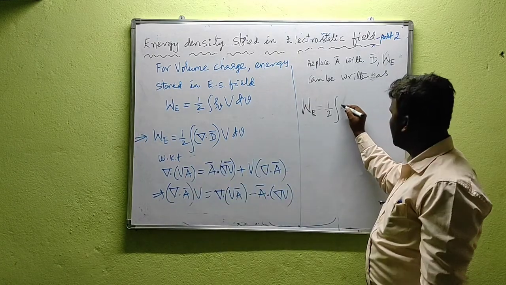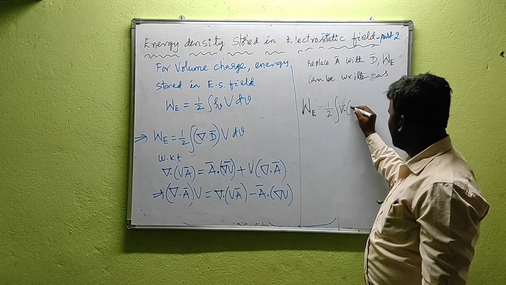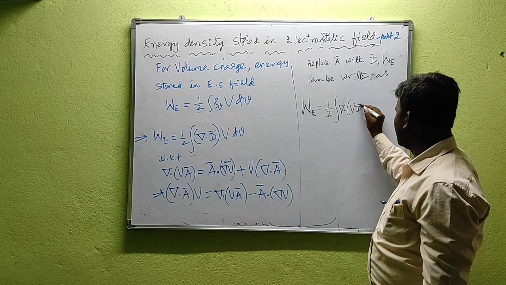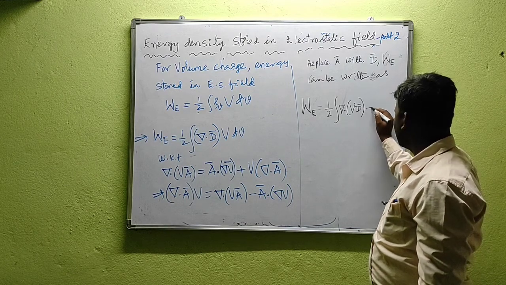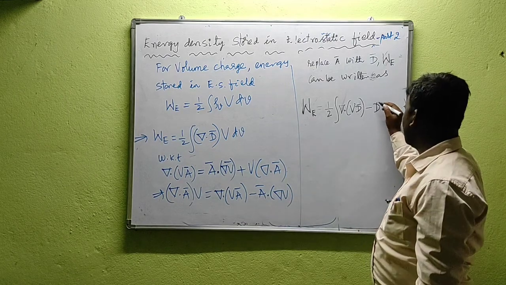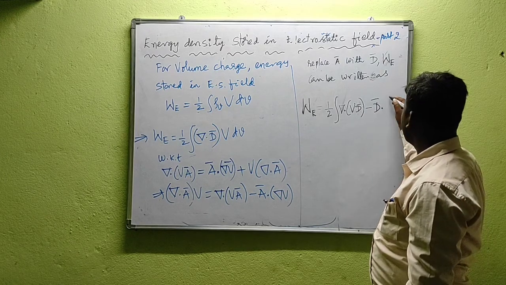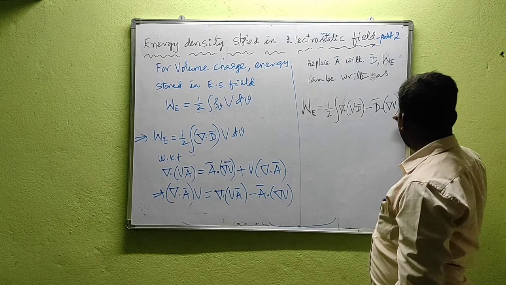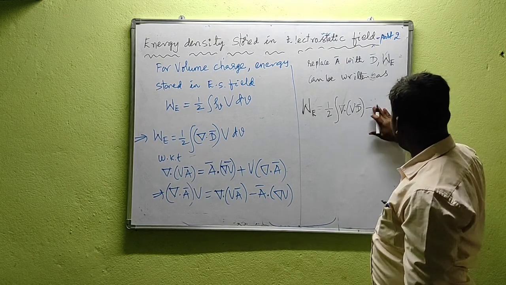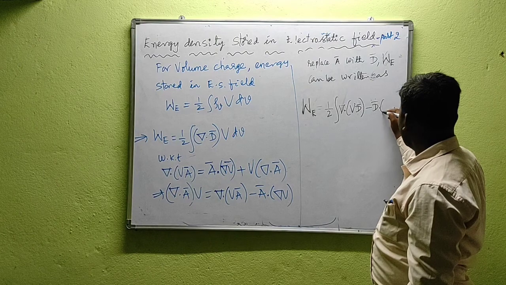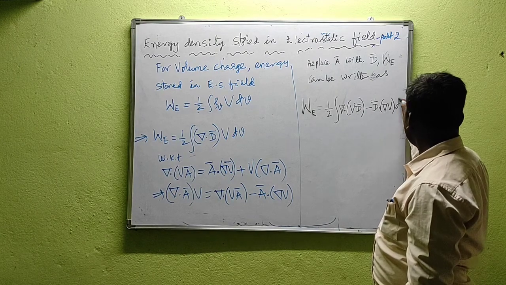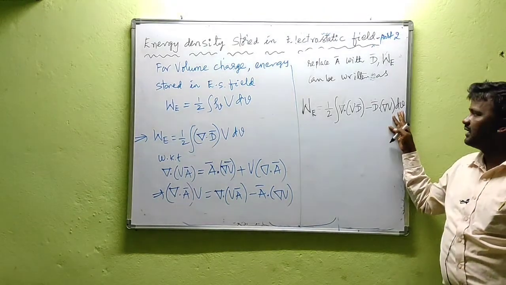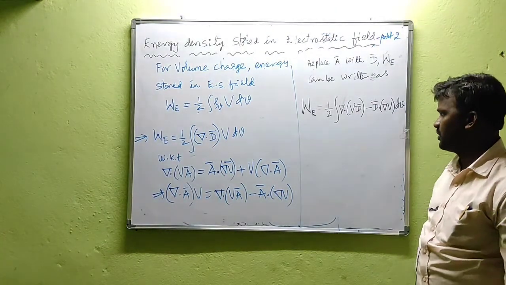So that means del dot of V into D, minus D dot del V, into dV. The small v represents the volume integral, whereas the capital V is our electric potential.